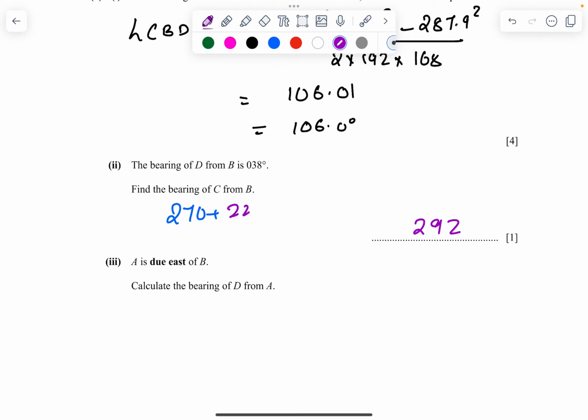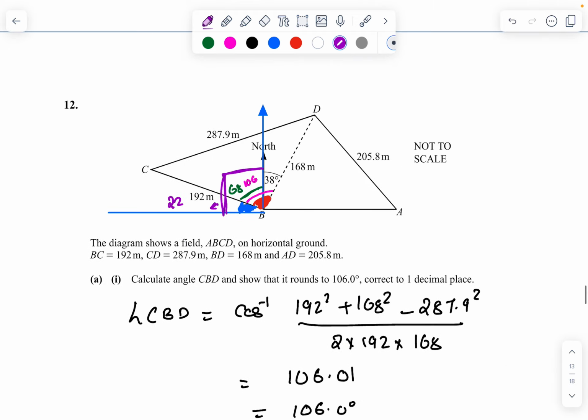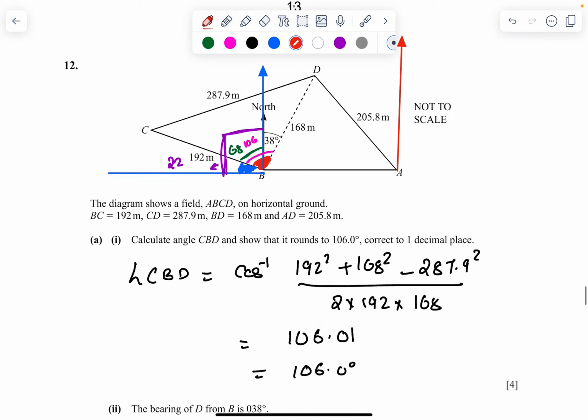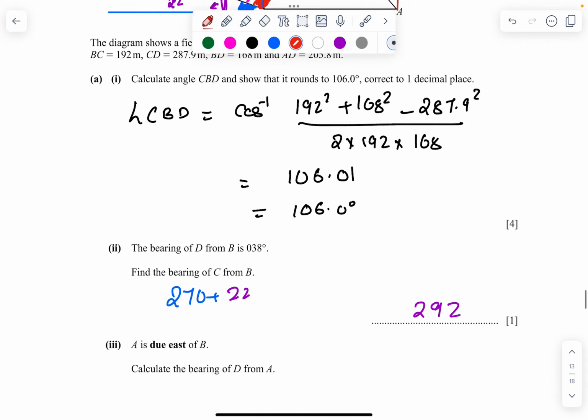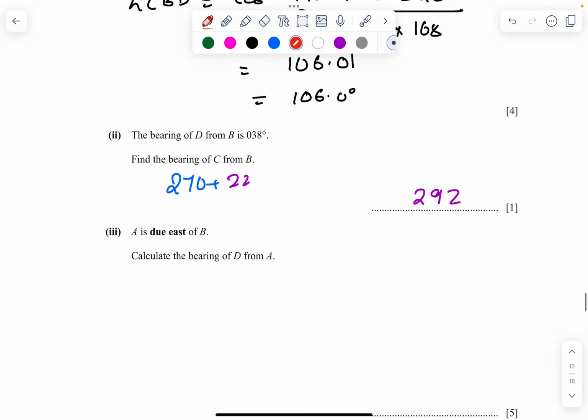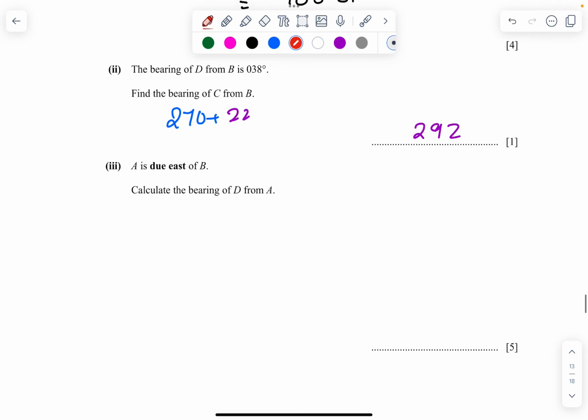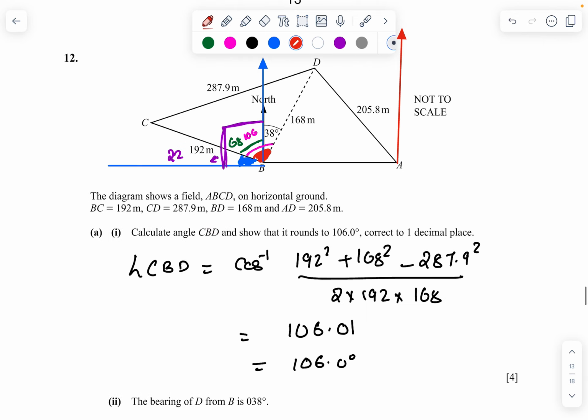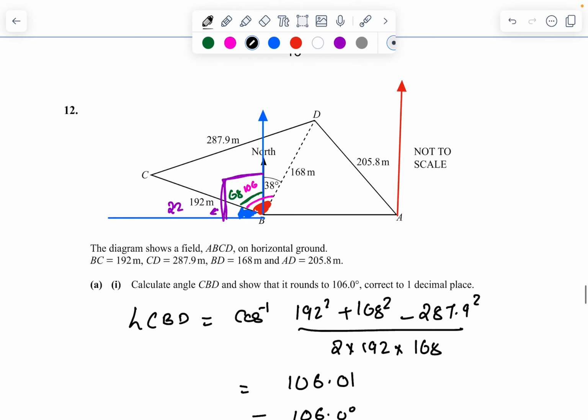A is due east of B. Calculate the bearing of D from A. We have to calculate the bearing of D from A. So which angle is asking us to find?